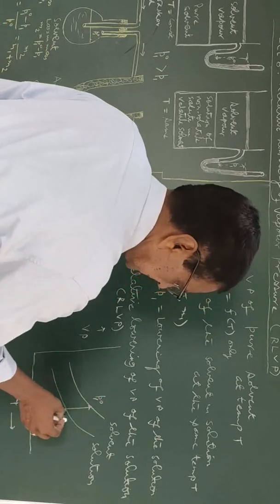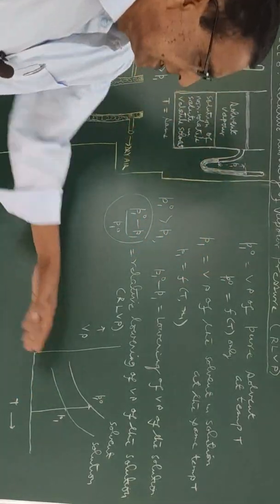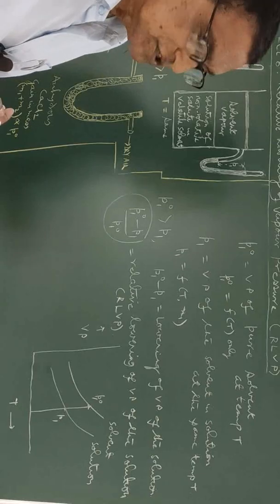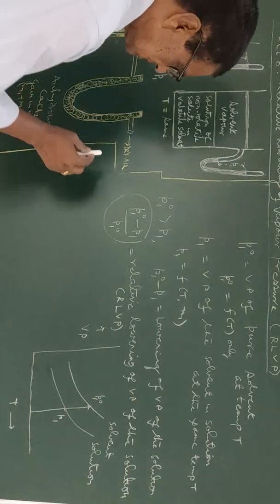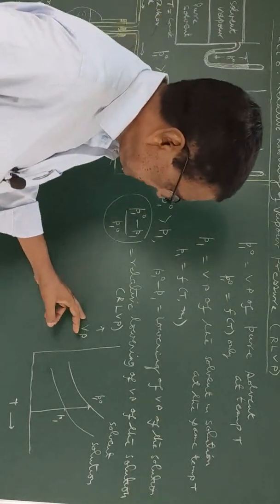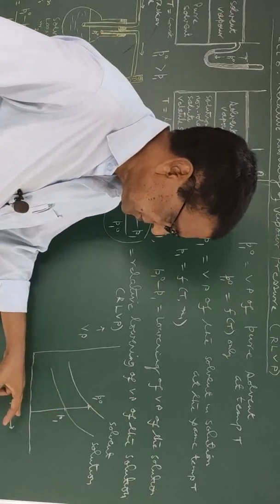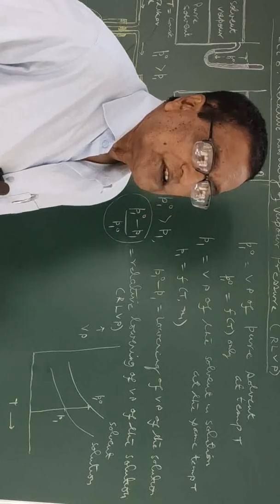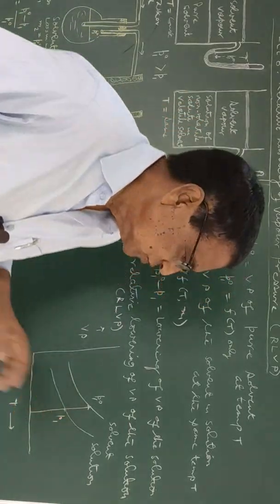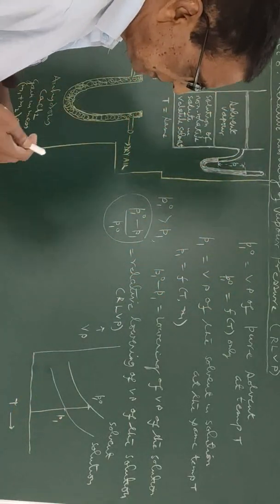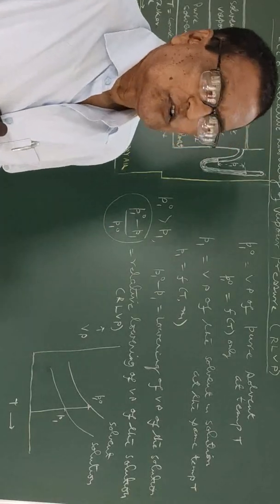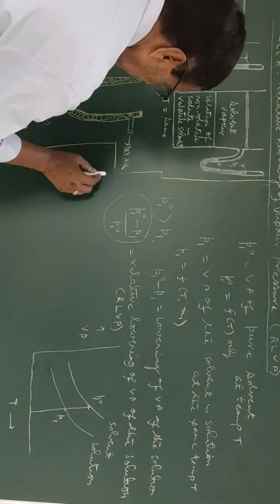P1 naught is always greater than P1. This curve could also be explained by means of the Clausius-Clapeyron equation. The vapor pressure increases with temperature, but this variation is not linear. How the vapor pressure varies with temperature can be shown by means of the Clausius-Clapeyron equation.